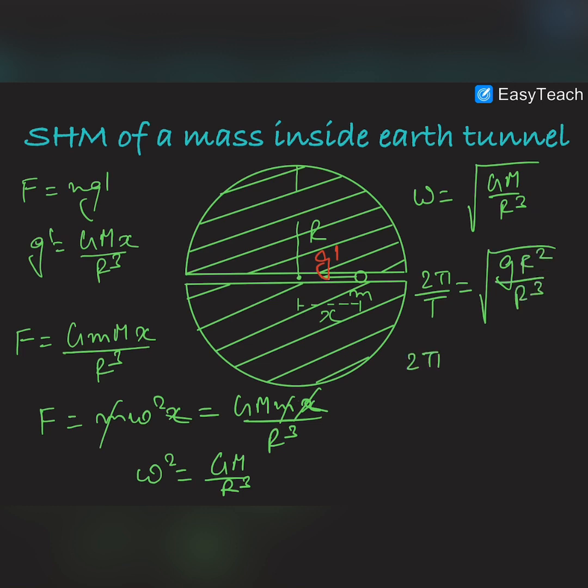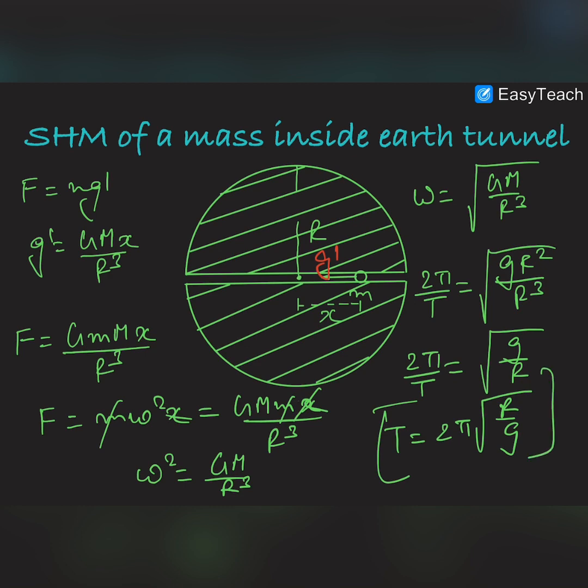So 2 pi by T is equal to under root of g by R. So T is equal to 2 pi under root of R by g. So this is the time period of SHM inside the earth, and it is equal to 84.6 minutes.